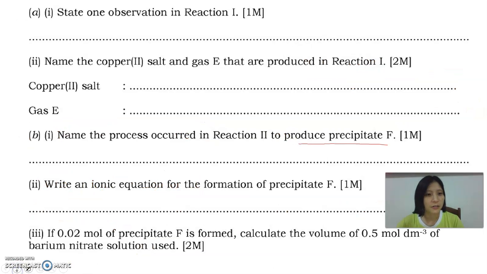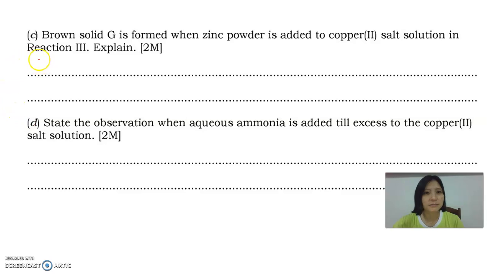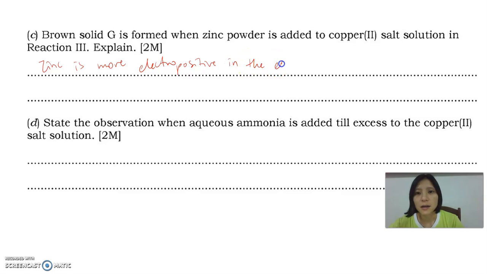So let's write it down. Zinc is more electropositive in the electrochemical series. This one you learned in Form 3, so if you're not sure, please look back at your Form 3 notes. Zinc is more electropositive in the electrochemical series than Cu, copper. Write the long name, copper.